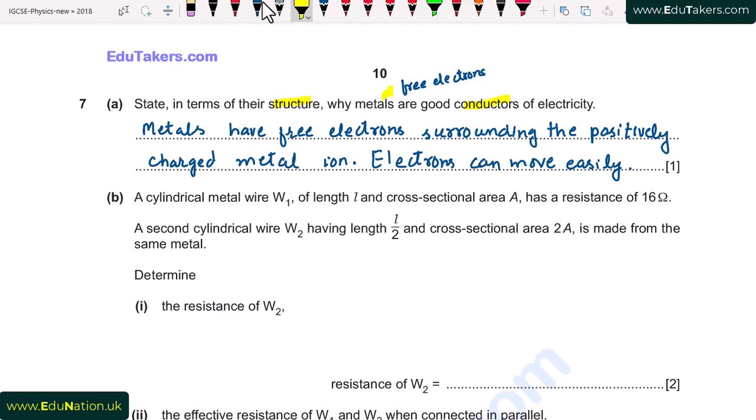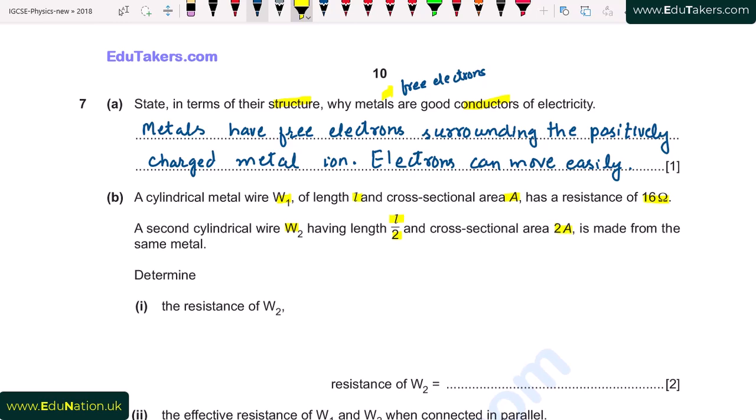Part B. A cylindrical metal wire W1 of length L and cross-section area capital A has a resistance of 16 ohms. A second wire W2 having length L by 2, here length is half, and cross-section area 2A, is made from the same material.